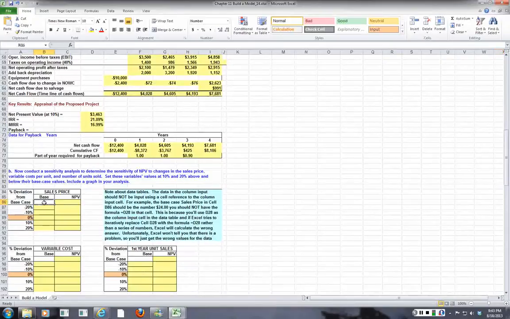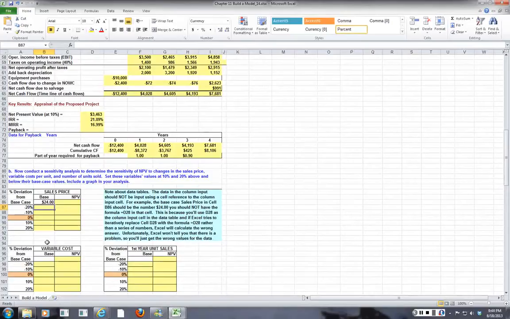Say this is the sales. The sales price is $24 per unit. And so one of the things we want to do is look at some deviations from that $24. So we say, what happens if it goes down 20%, and so that would make the price become $19.20. And then in another instance we want to know what the net present value will be if that price goes down just 10%.